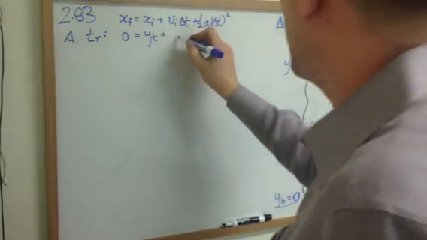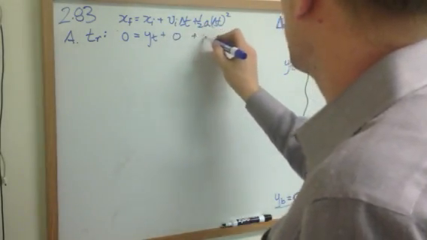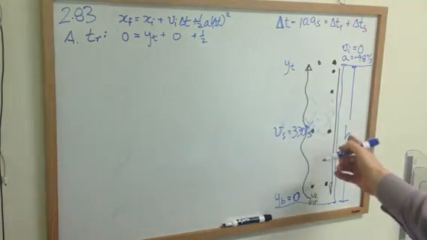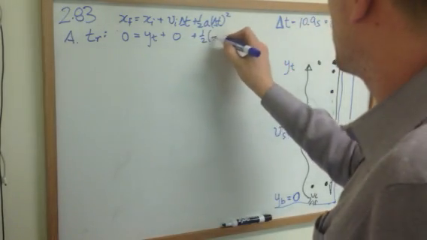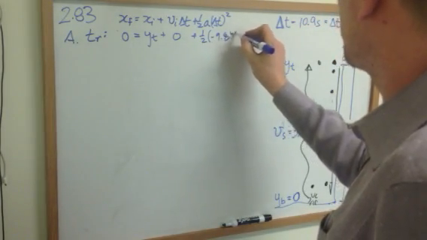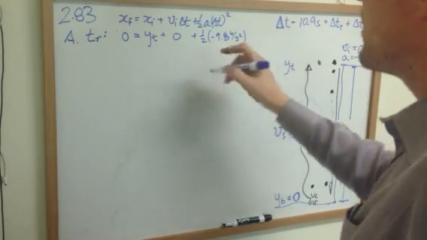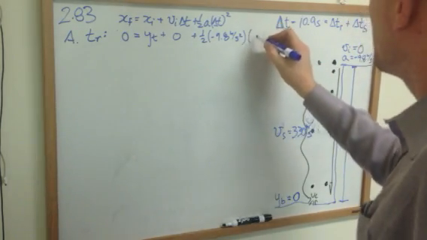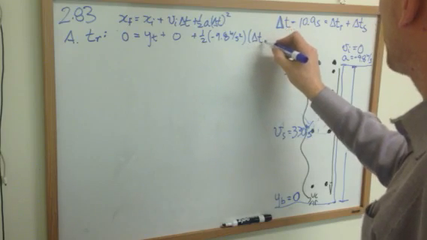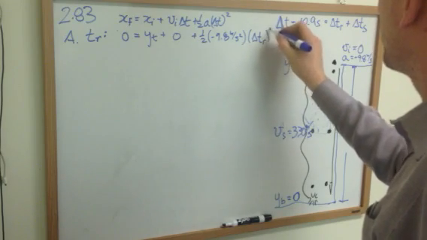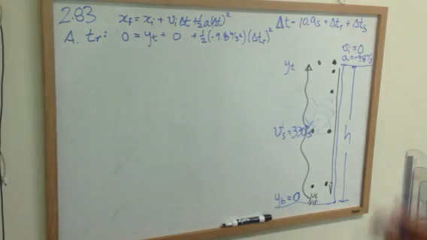It falls out of our hand, so this term is going to be 0. The acceleration we know, negative 9.8 meters per second squared. Delta t, and this is going to be delta t rock. We don't know what it is. That's an unknown.